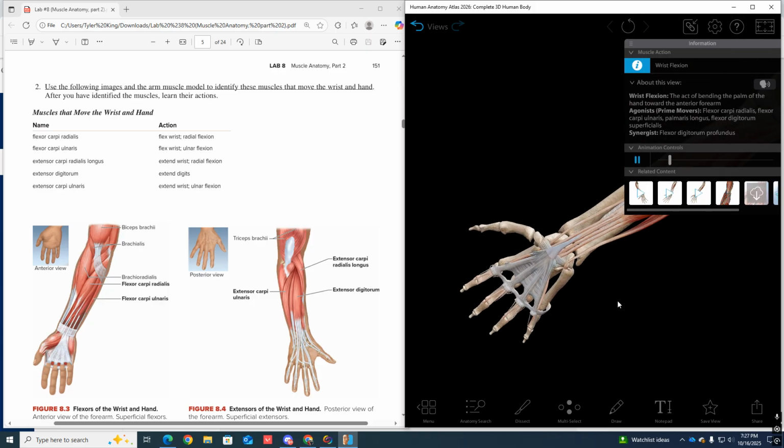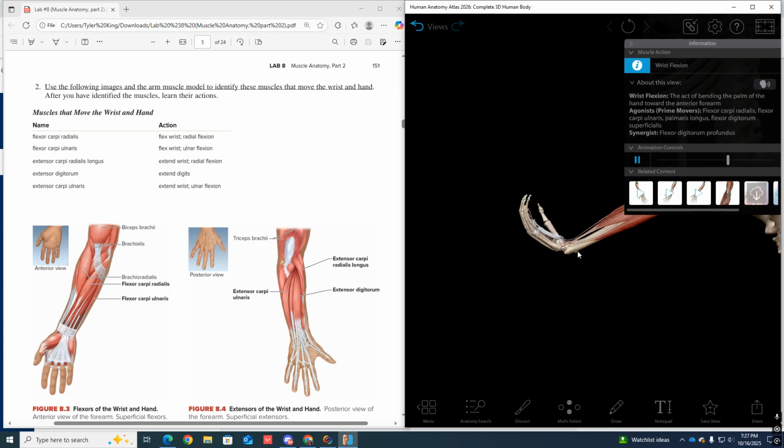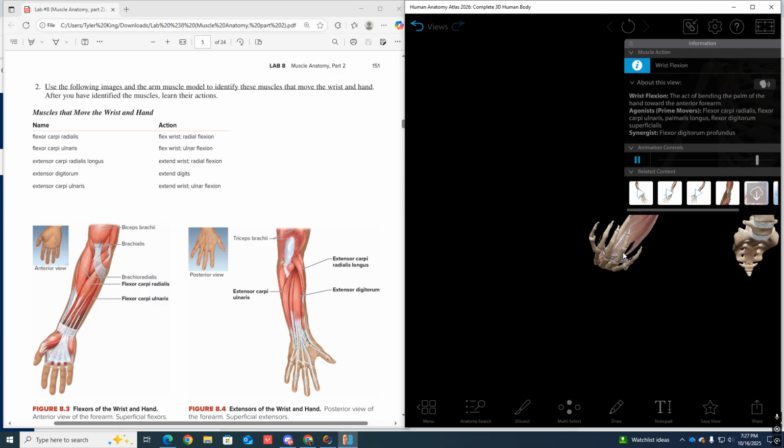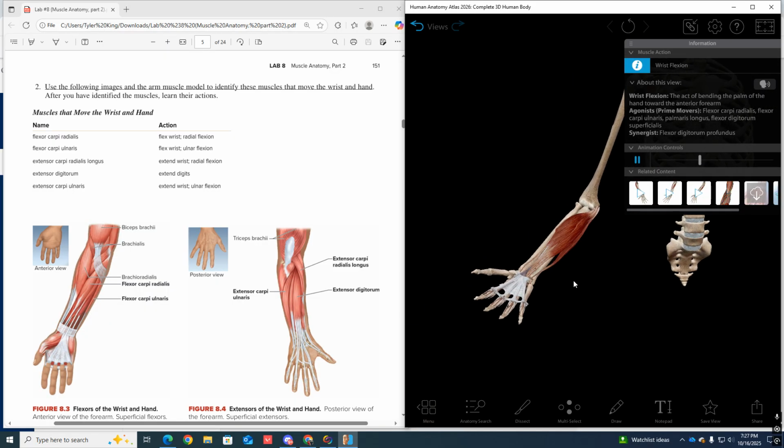What you're going to see is you're going to be curling that wrist upwards. Flexion forward. So let's see if I can switch this guy over here. So anatomical position. We can see the wrist, flexion forward, going upwards in that direction. Flexor carpi radialis. It is the muscle that flexes the wrist and also does radial flexion.